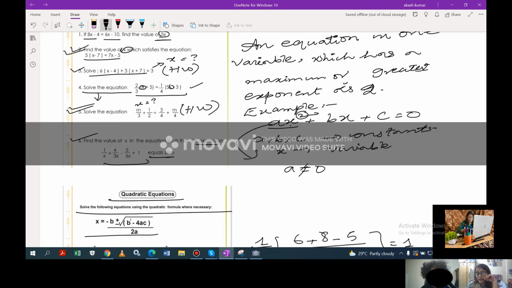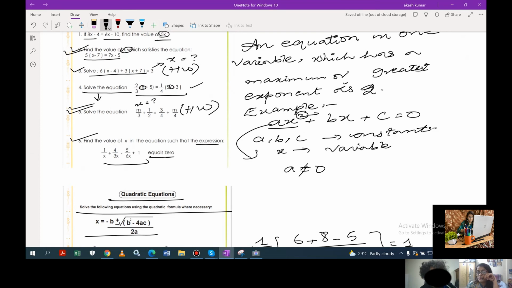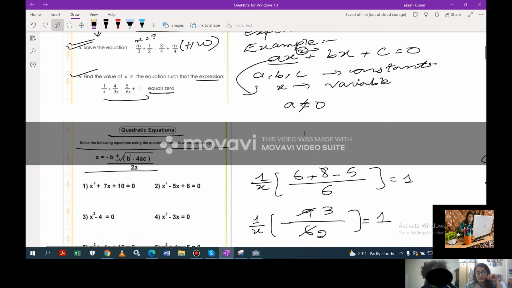If a is 0, then this whole term ax squared will vanish from the expression. We will be left with bx plus c equals 0. bx plus c is an example of a linear equation, not a quadratic equation. Is it clear? Okay, that's great. So let's start.